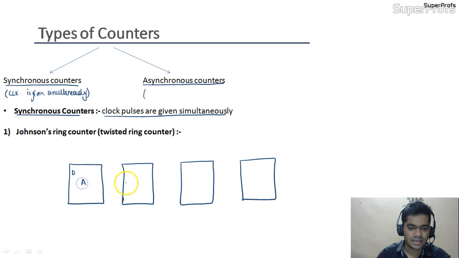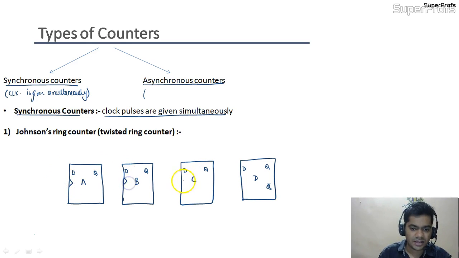This is A, B, C and D. So these are the outputs, these are the inputs that are available. We are drawing the block diagram. Now we want to give the clock pulse.